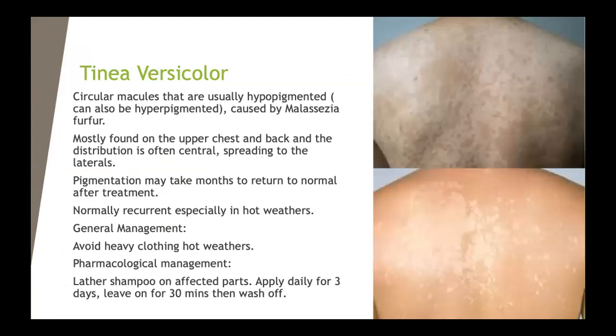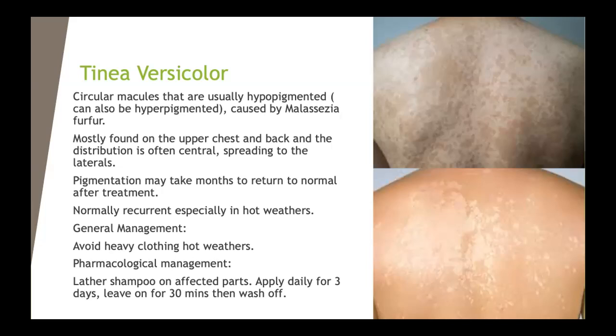Tinea versicolor. So these are circular macules that are usually hypopigmented, but they can also be hyperpigmented. As we can see in the pictures, we have both. They are caused by Malassezia furfur, mostly found on the upper chest and the back, and the distribution is often central and it spreads towards the laterals.